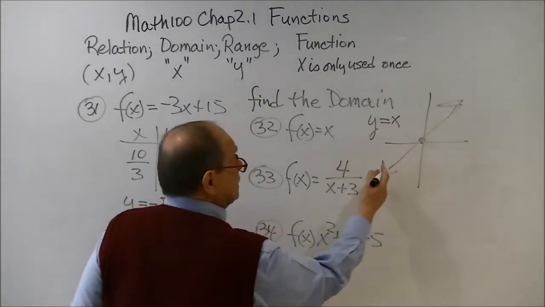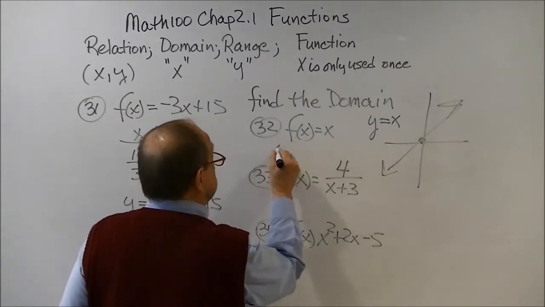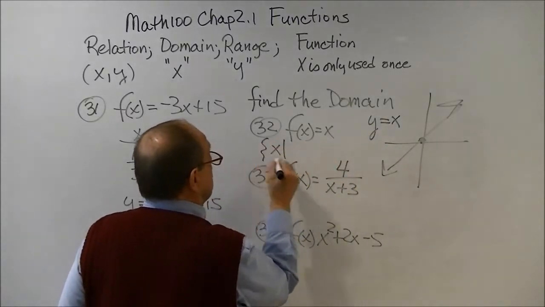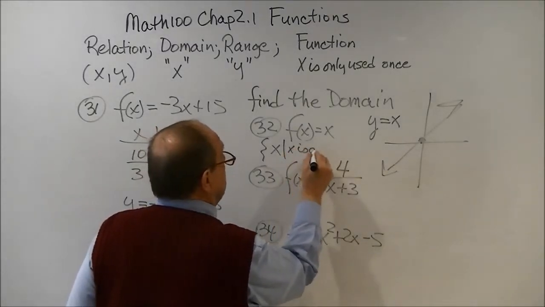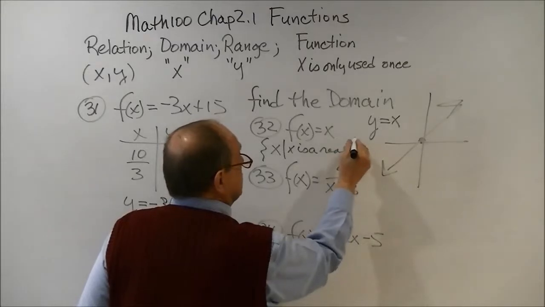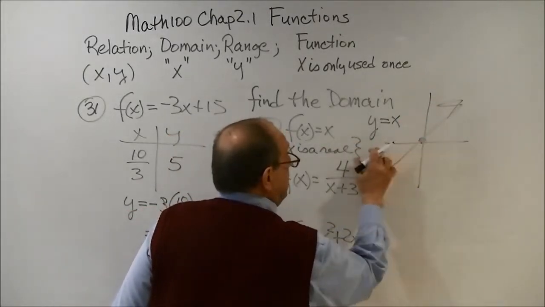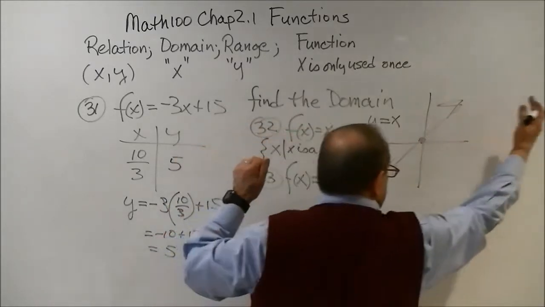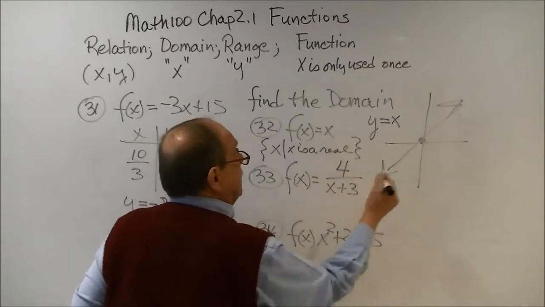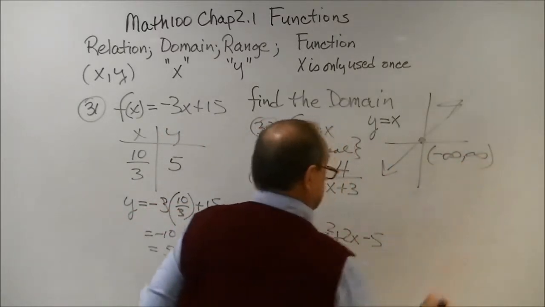So in a sense, for x values, which is the domain, x is such that x is a real number. That is, all real numbers are in the domain, because this would go all the way this way, all the way that way, and interval notation of this would be negative infinity to positive infinity.